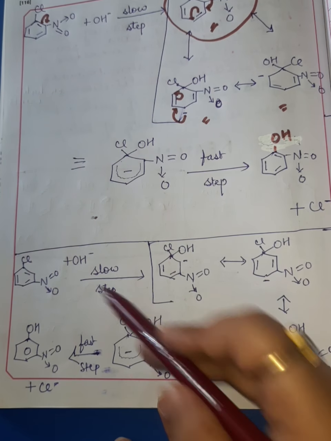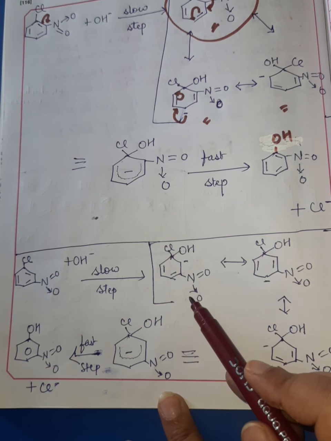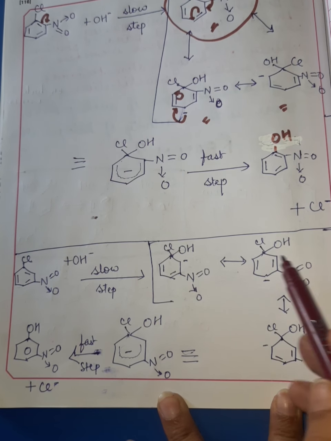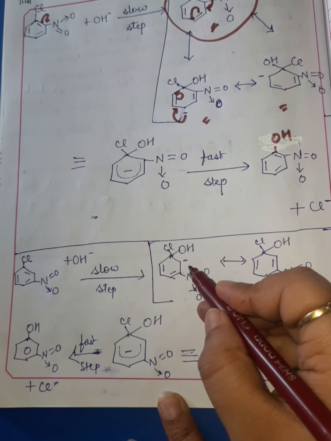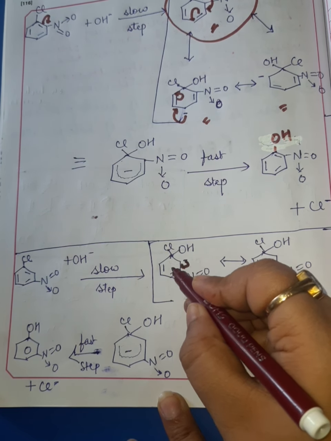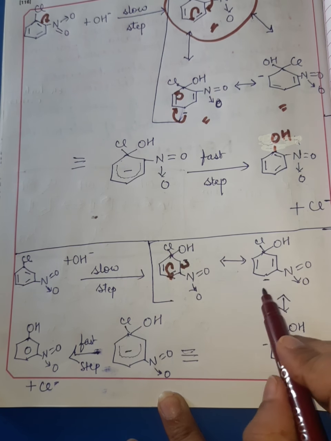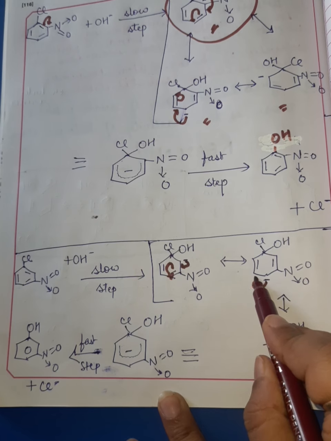So with the slow step, OH attacks onto this carbon attached with the Cl. Carbanions are formed, which undergo resonance stabilization. So see, delocalization of the electron will be that way. So this structure is formed. Now here further resonance takes place.